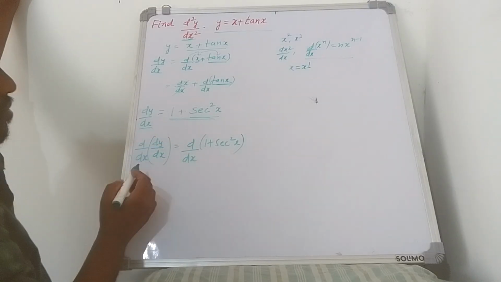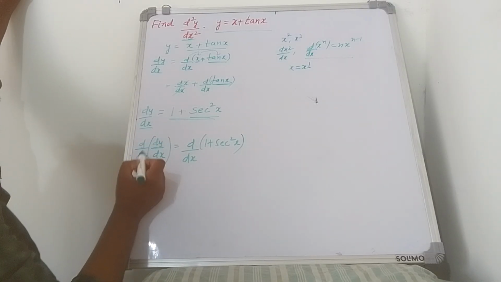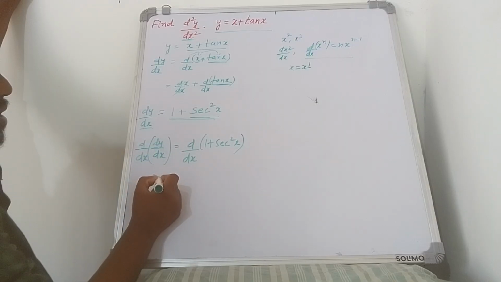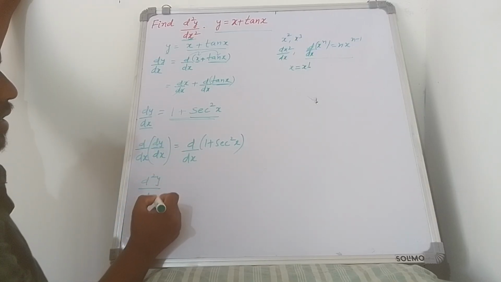Now d by dx of dy by dx is d square y by dx square.